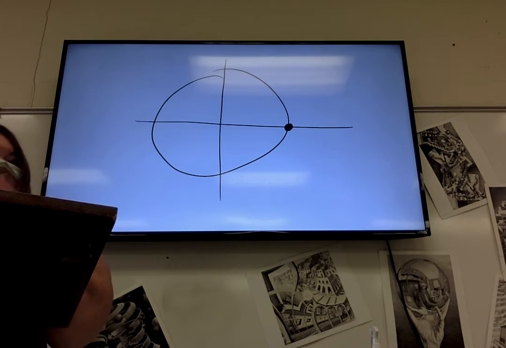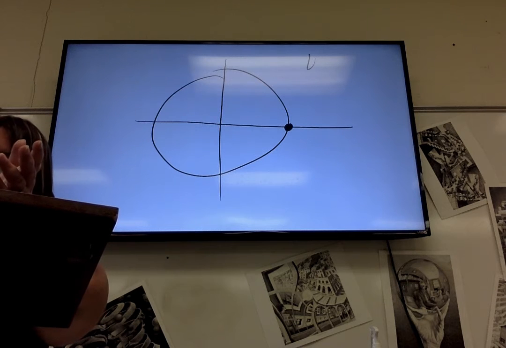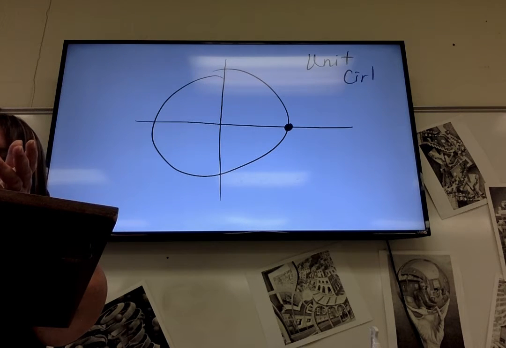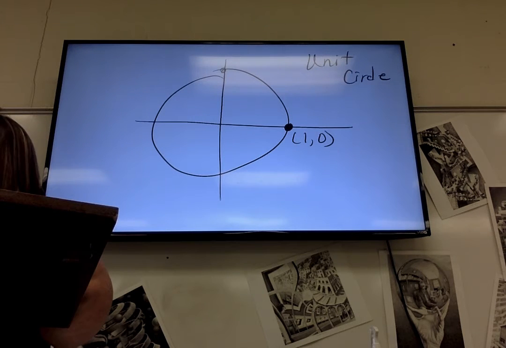So at this point, this is a unit circle. In a unit circle, this point is 1, 0, because it's a unit. This point, pretend that's a circle, is 0, 1. This point is negative 1, 0.